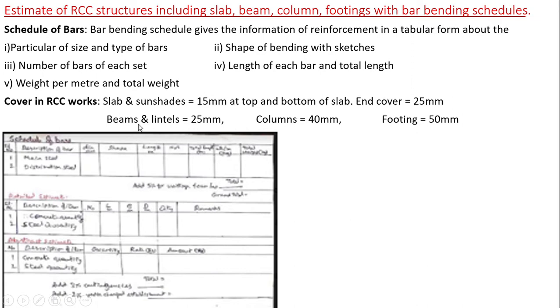Cover for beams, main bars, is equal to 25 mm. More cover for columns is provided, that is equal to 40 mm, and cover for footing is normally 50 mm. The cover is considered in calculating the length of the bars in the RCC members.